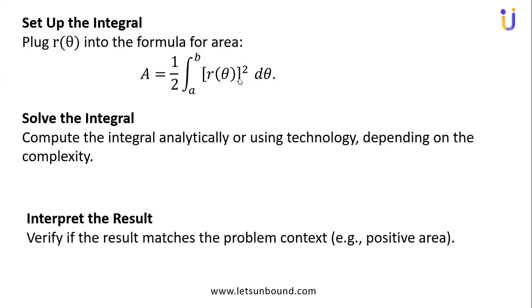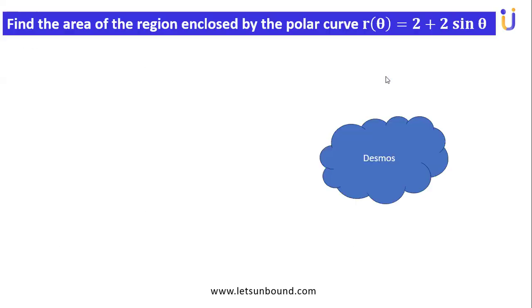If it's one polar curve, it's a simple integral, and solve that. You can use Desmos or some methods, substitution, parts, many methods we have learned. And interpret the result. It should give you a positive area. Sometimes it will give negative, so recheck. We might have made some mistakes in interpreting the bounds. So make sure to do that.